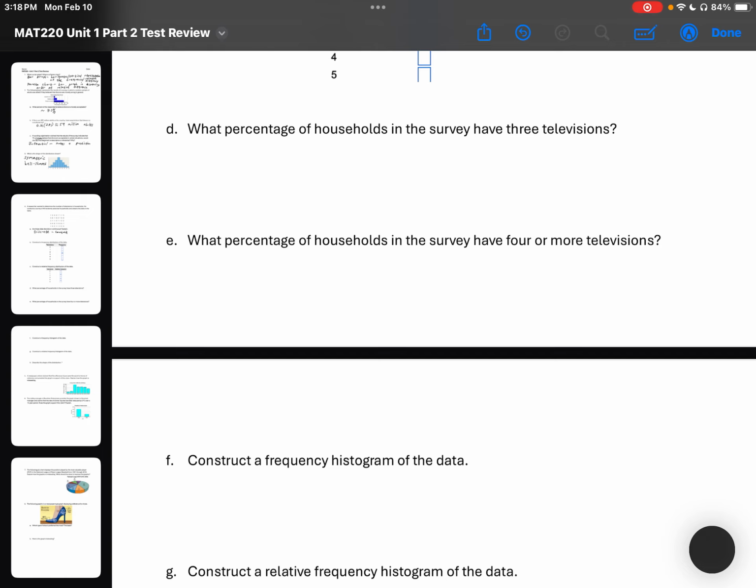Looking at the table, the percentage that had 3 was 0.2, so 20%. And the percentage of households in the survey that have 4 or more: 4 was 5%, 5 was 2.5%. Adding those two together, this should be 7.5%.